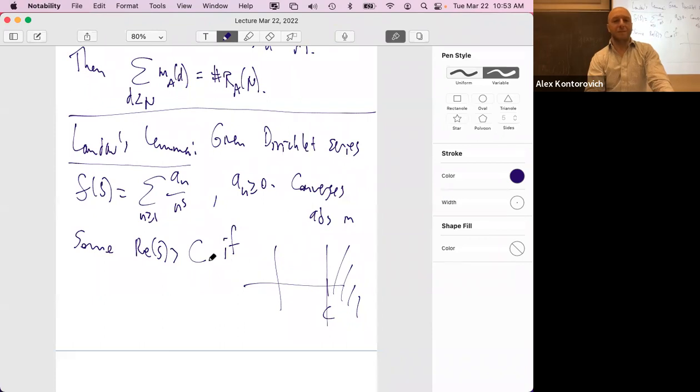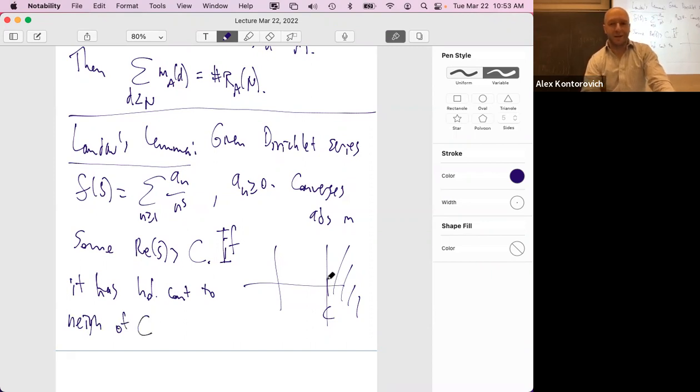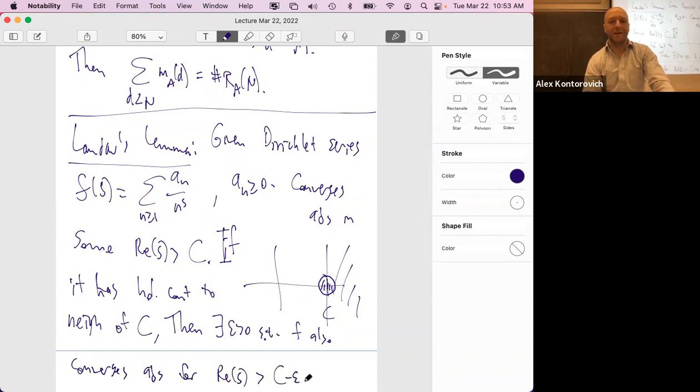If it has a holomorphic continuation to some neighborhood of C, if it extends holomorphically to any tiny neighborhood of C, and that's a big if, then there exists an epsilon such that the series defining F also converges absolutely for real part of s greater than C minus epsilon.